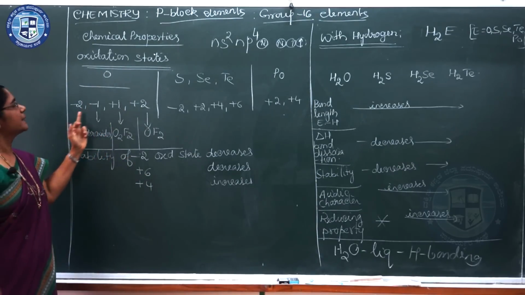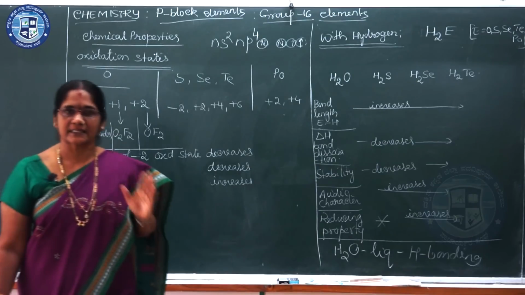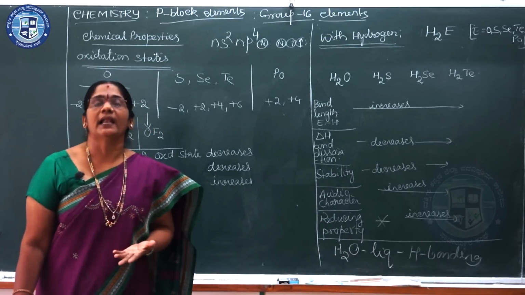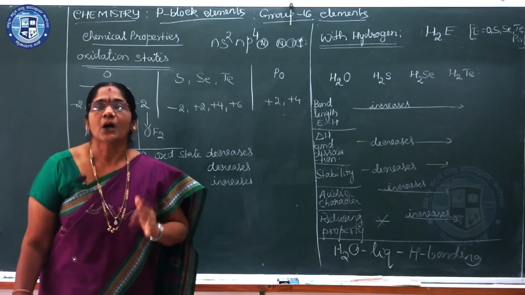Oxygen exhibits an oxidation state of -2, that is gaining 2 electrons to become stable, which is the most common oxidation state of oxygen.